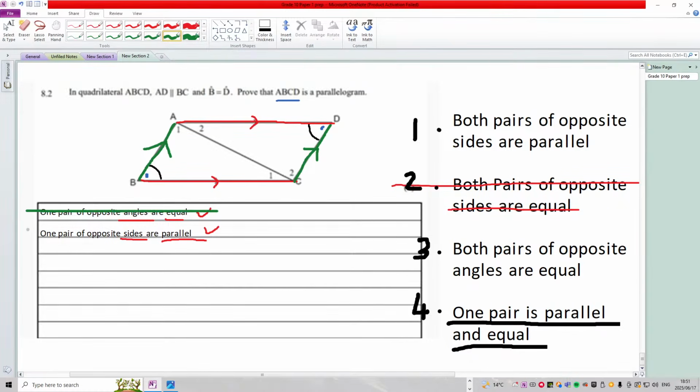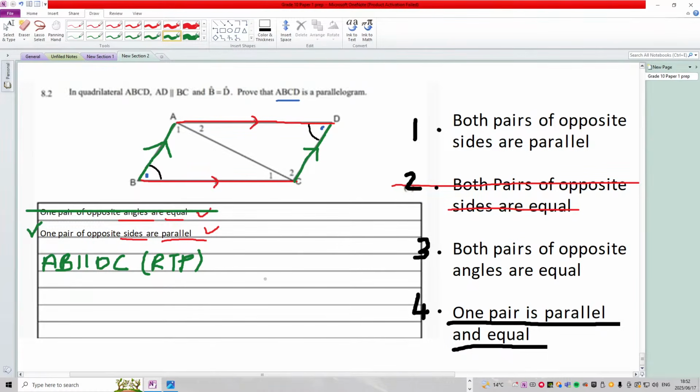If I have one pair of opposite sides parallel, and I can prove the other pair, which is AB is parallel to DC, I'm going to put required to prove. I'm going to prove that now.